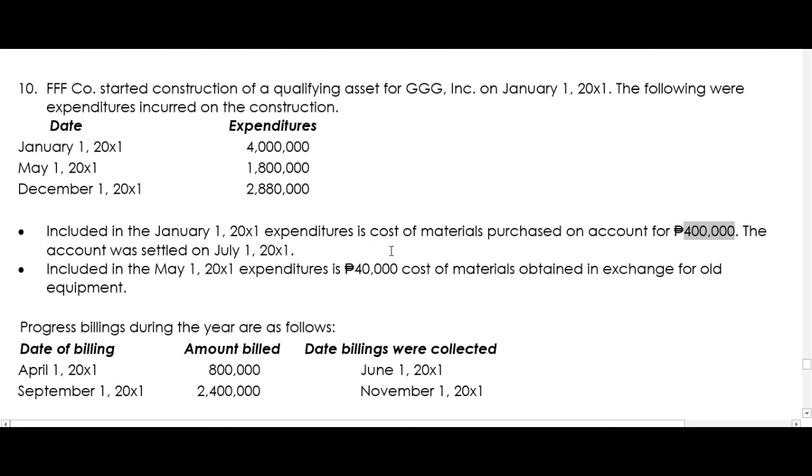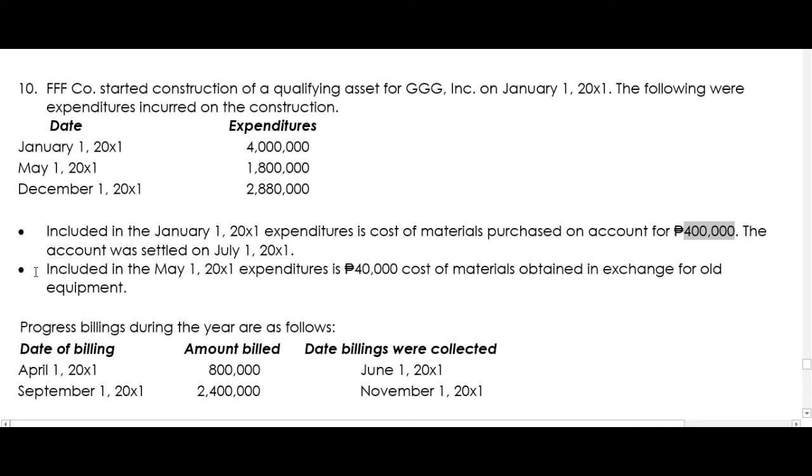Di ba, balikan natin yung diniscuss natin kanina sa taas. You can only recognize an item as cost incurred if there is, number 1, payment of cash, number 2, exchange of other asset, or number 3, incurrence of interest-bearing liability. Ito kasi on account, so hindi siya interest-bearing. So, itong 400 sa July pa natin dyan i-consider.